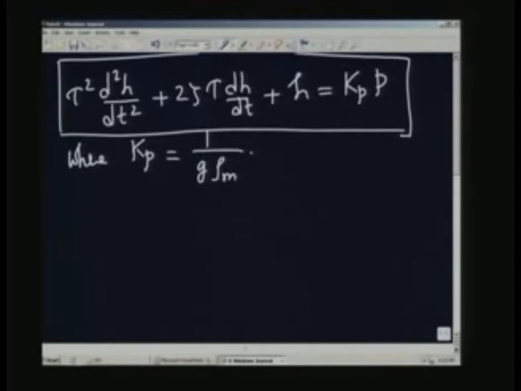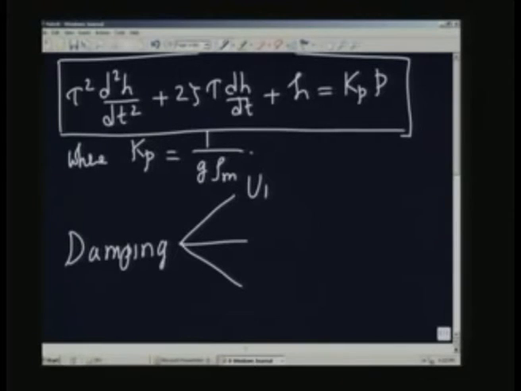This is the final form of the equation, and this is a second order equation. Depending on damping, I can have different cases.